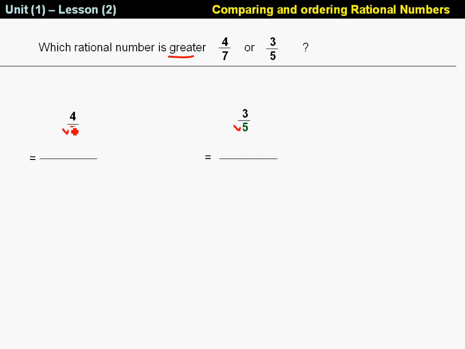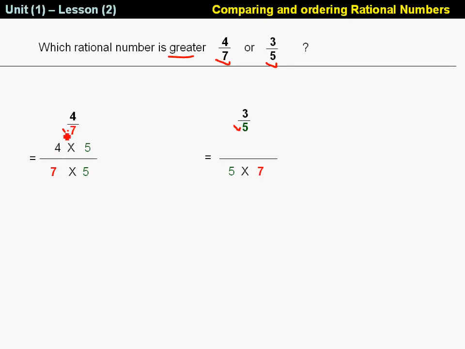In the first denominator, we will multiply 7 times 5. And here 5 times 7. It means that we take the denominator as the multiplication of these two denominators. Here is 7 times 5 and here is 5 times 7.